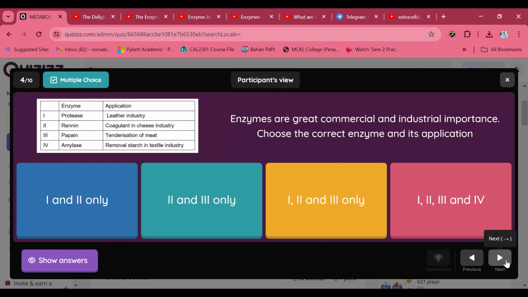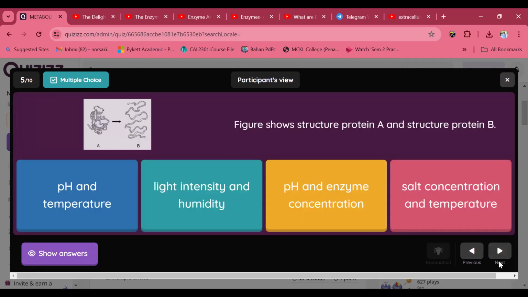Renin is an example of a protease, while papain is another example of a protease. These two are example enzymes for protease and lactase.